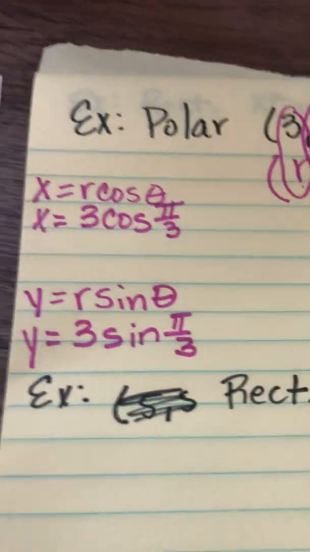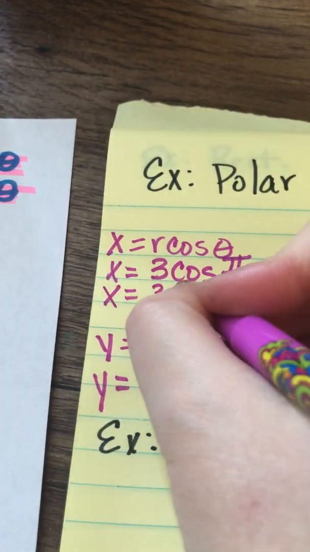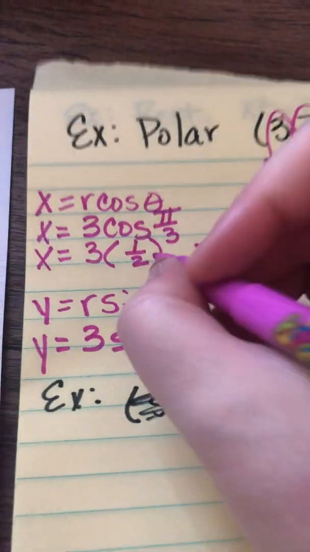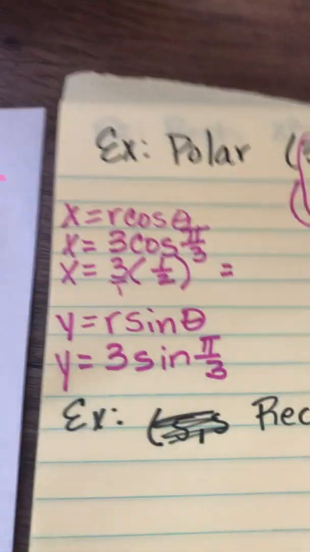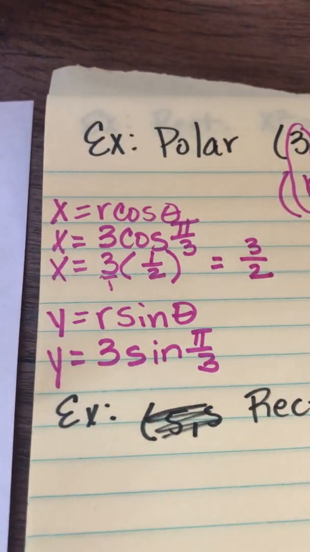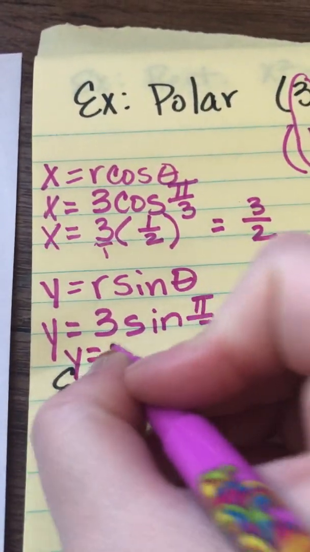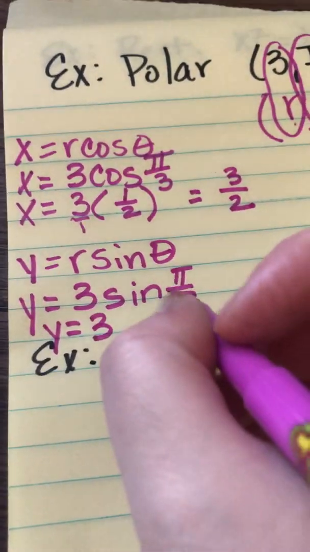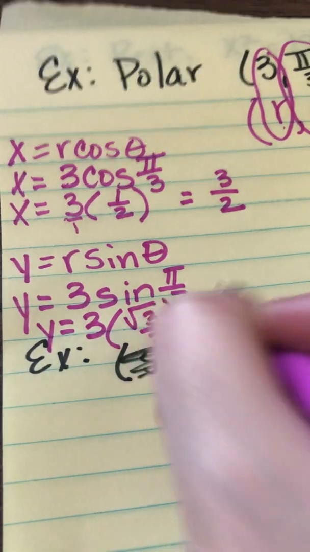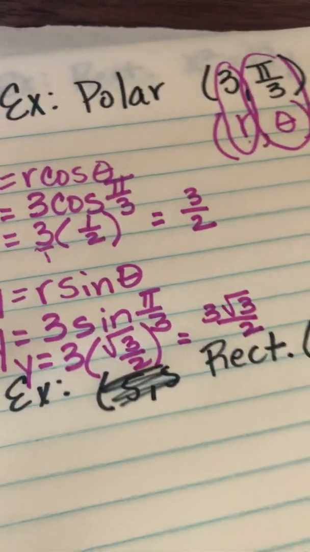So we just said the x value was 1/2, so x equals 3 times 1/2, and that gives me 3 over 1 times 1 over 2. 3 times 1 is 3, 1 times 2 is 2, so 3 over 2. Let's look at y. Y equals 3, and the sine of pi over 3 was square root of 3 over 2, so that means 3 square root of 3 over 2.